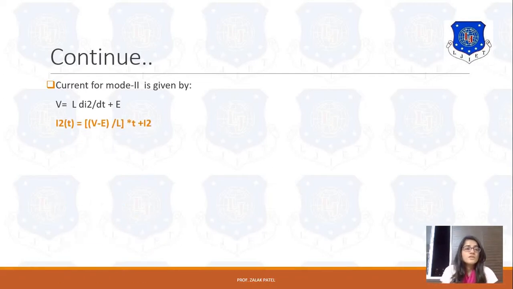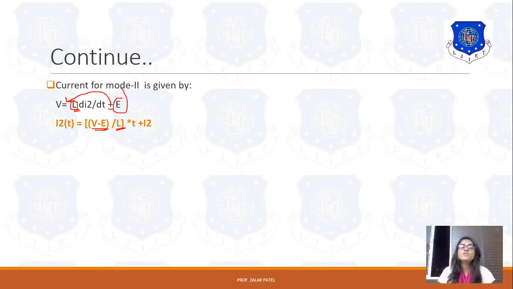So when the switch is off, V equals L di2 by dt plus E. Now if we integrate the above equation, L goes into the denominator, but before that E goes to the other side, so it becomes minus, and that's why we get V minus E divided by L, because L is in the multiplication term, so it goes into the denominator. So V minus E upon L equals di2 upon dt, but we have to take the integration because we want to find the value of current, and that's why we again integrate it with respect to t.